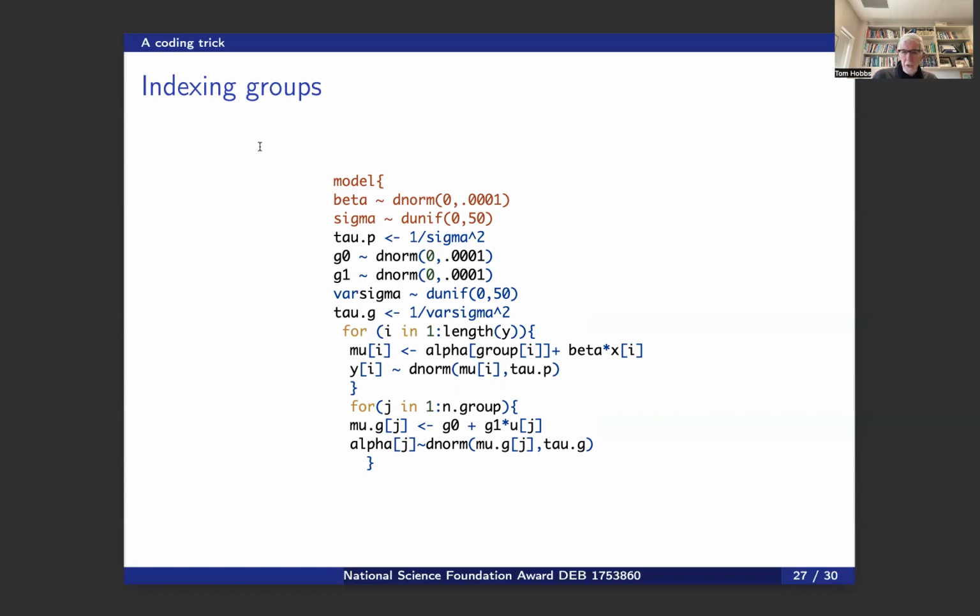And so what that does is evaluate, let's say for the first 6 observations, group 1, 1, 1, 1, 1, all through all 6. And then the corresponding x[i], the covariate, is simply the covariate on that row. So this is really important to know how to do. If you don't understand this indexing trick, it's very, very difficult to implement these models efficiently.